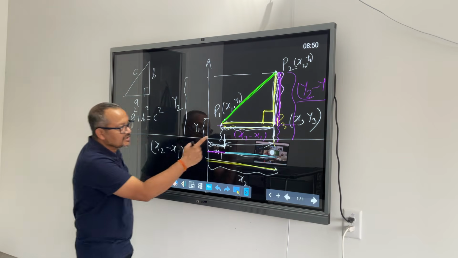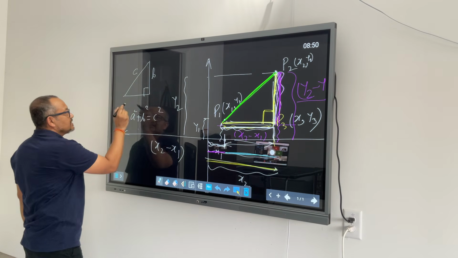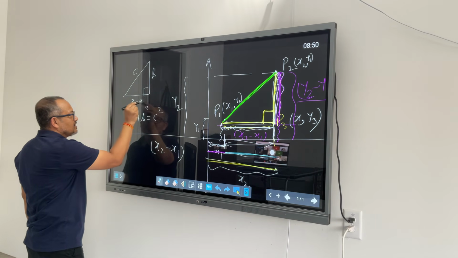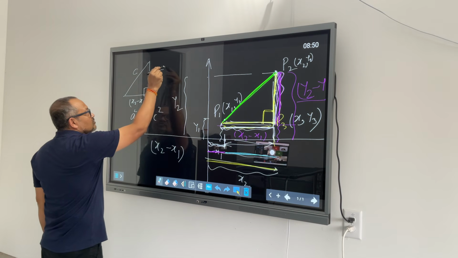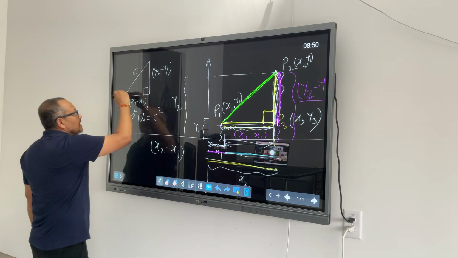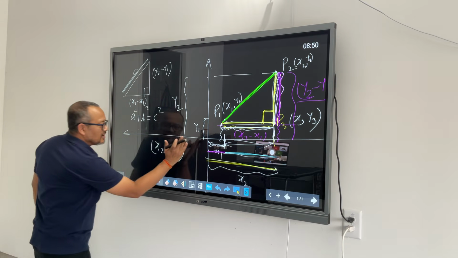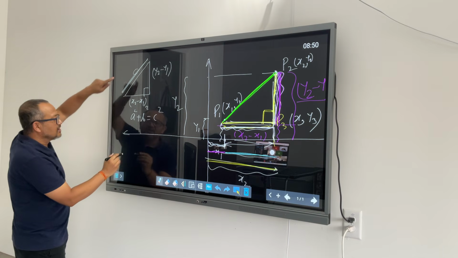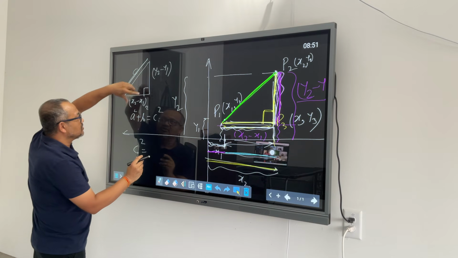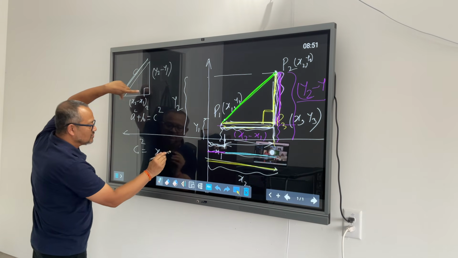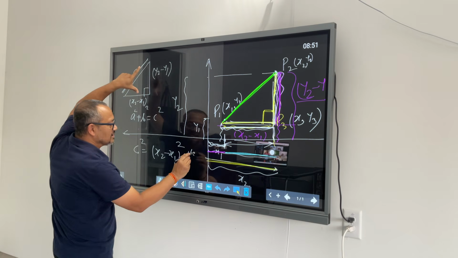So here, the horizontal side is x2 minus x1 and the vertical side's length we found as y2 minus y1. If you have to find the distance between the 2 points, which is your c square, that will be equal to the square of x2 minus x1, this side's square, plus this side's square.